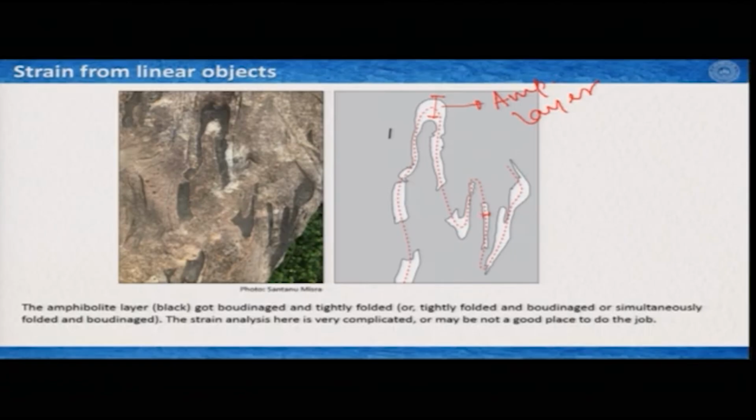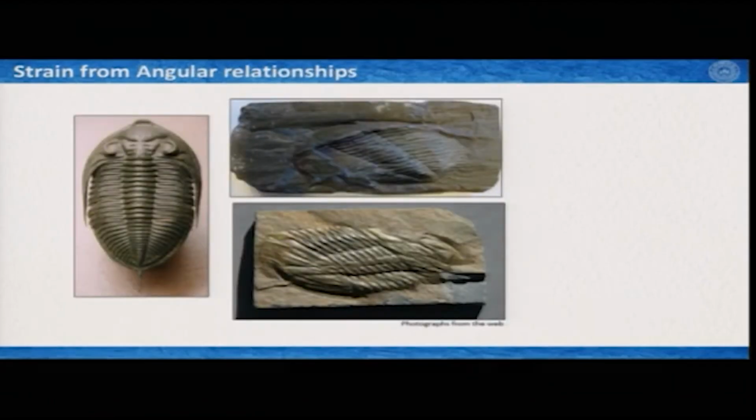So measuring linear strain out of these types of budinaged and folded objects is not recommended unless you have some other clues from somewhere else. Let us have a look at how to measure the strain from some sort of angular relationships.